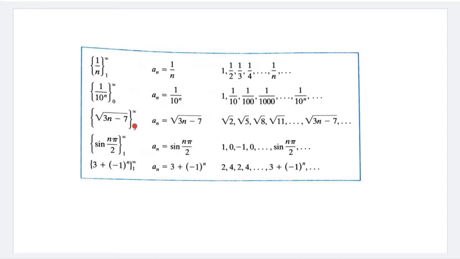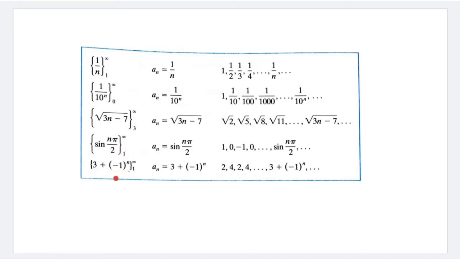For this sequence, it would be undefined if we use an n that is less than 3, because if this is 2, then that would be 6 minus 7, which would give us negative 1, and of course the square root of negative 1 is an imaginary number. And then we also have here sine of n pi over 2. So we start with 1, go on to infinity, or write it this way.